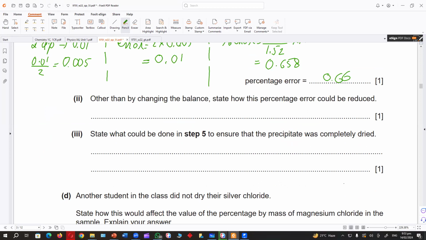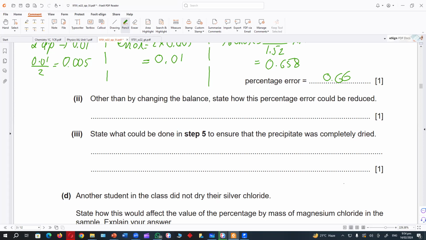Other than by changing the balance, how this percentage error can be reduced. Now, this is again a physics style question. How the error can be reduced. Physics says a very interesting rule. The error percentage, not the error itself, percentage can be decreased by taking a bigger sample.